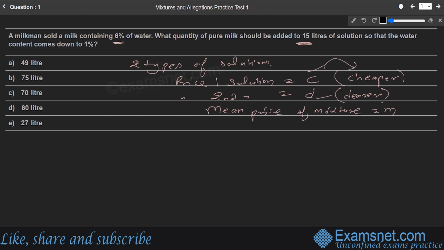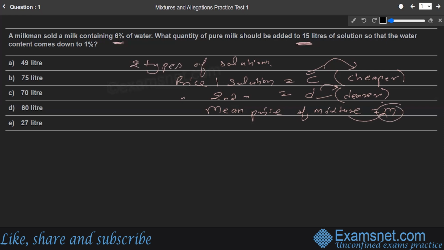D is another type of solution which is dearer in price. If we want to mix the cheaper and dearer one and make the price of the complete mixture M, we want to know in what ratio we should take C and D, or what part of C and what part of D should be taken, so that the mean price of the mixture is M.